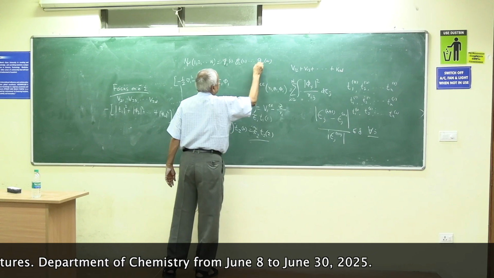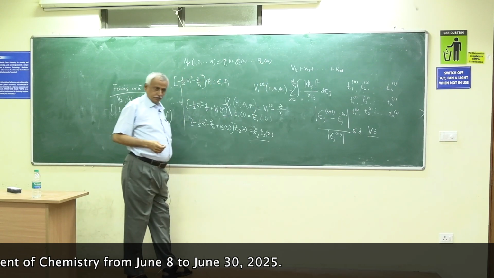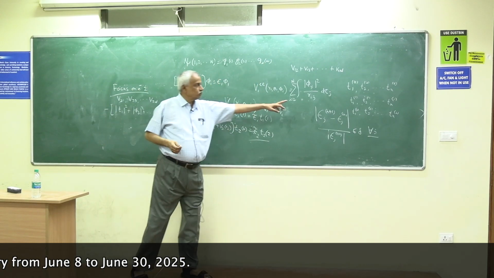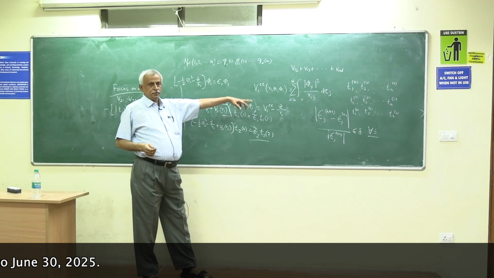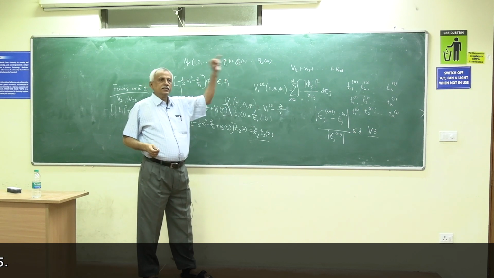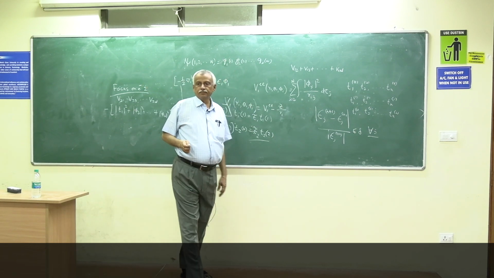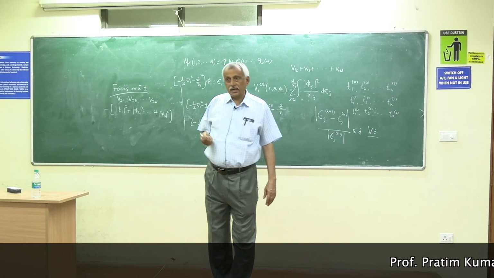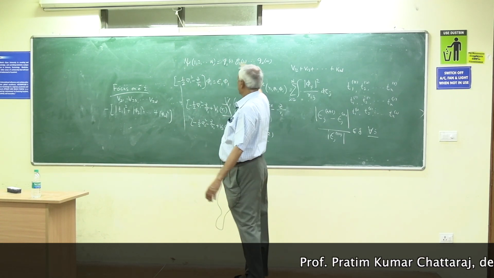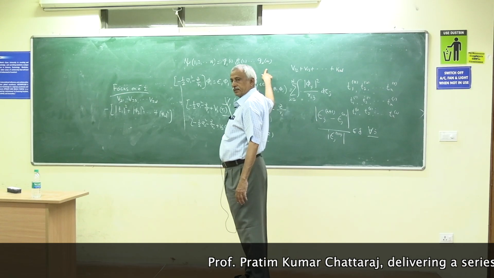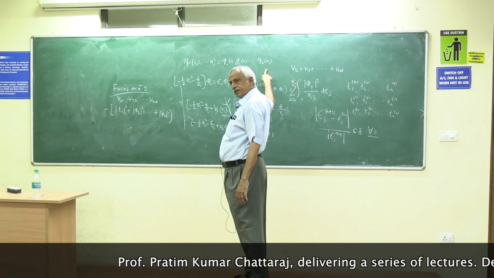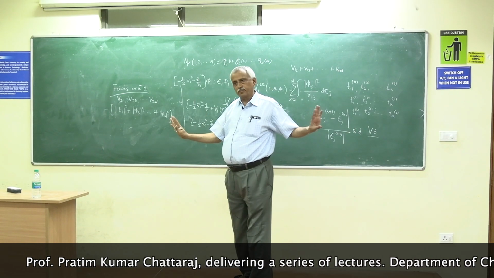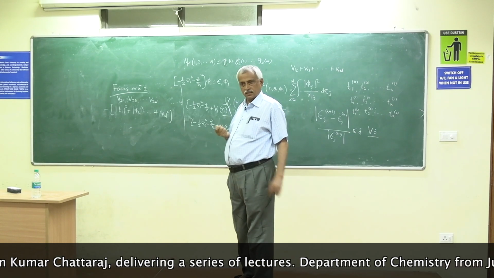What are these G's? They are SCF orbitals, at the n plus 1 stage where this is satisfied, I call them the G orbitals. They are self-consistent field Hartree orbitals. But Hartree's wave function is the product wave function, remember. So I have solved my problem as far as the Hartree method is concerned.